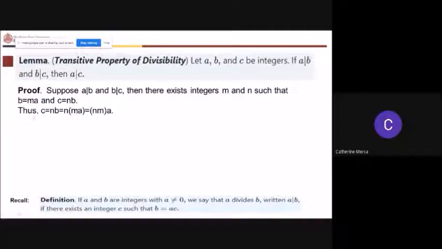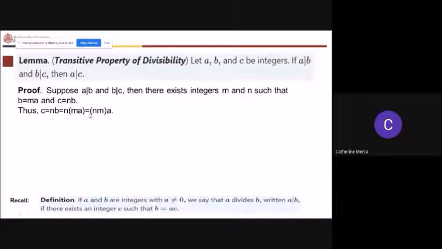So c can now be rewritten: we have b is ma, so n times ma. You can group together because these are integers, so by associativity, c is equal to nma.